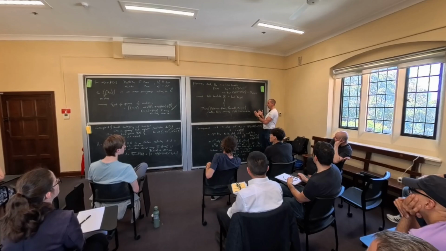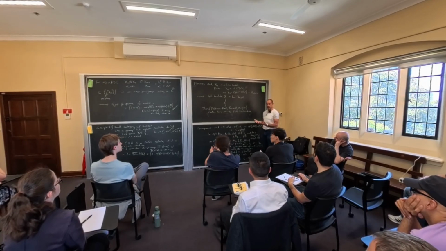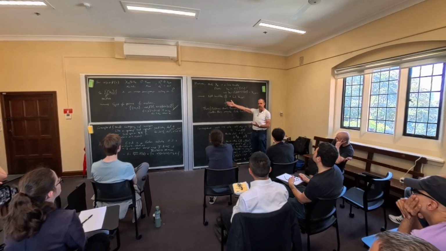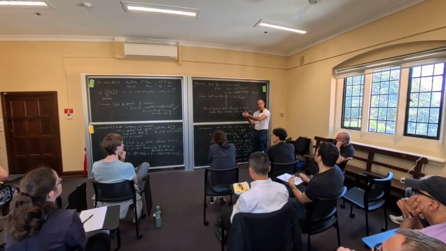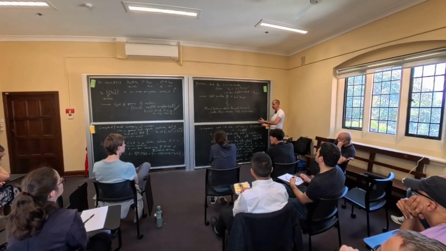Whereas all of those questions are really hard if you're just handed an abstract C-star algebra. So if I can find a Cartan subalgebra inside a C-star algebra, then I can start to answer those questions about that C-star algebra in terms of that decomposition.